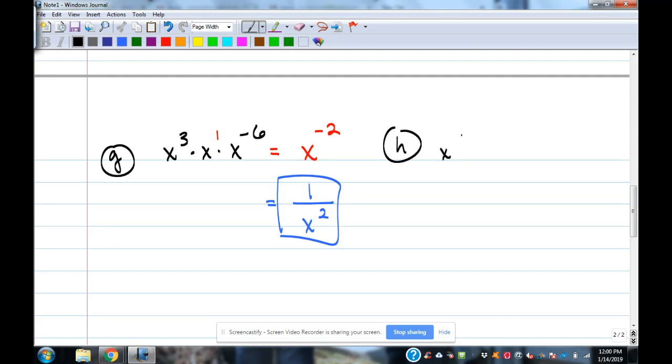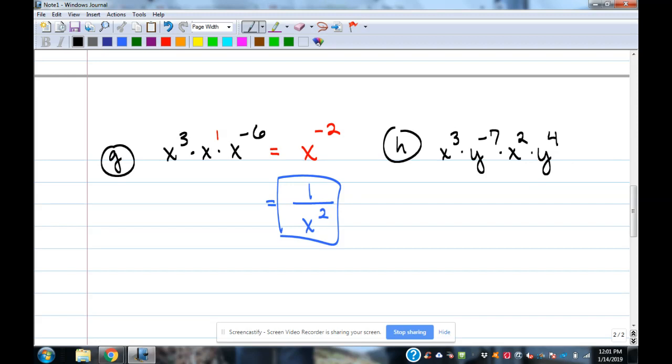Let's say we had x to the third times y to the negative 7 times x squared y to the 4th. So again, it's taking the properties that we did last week and mixing in a negative exponent with those, okay? So this one's got 2 different variables in it.